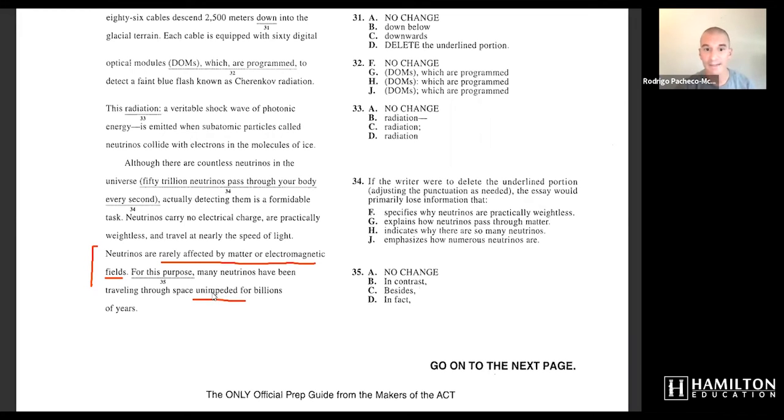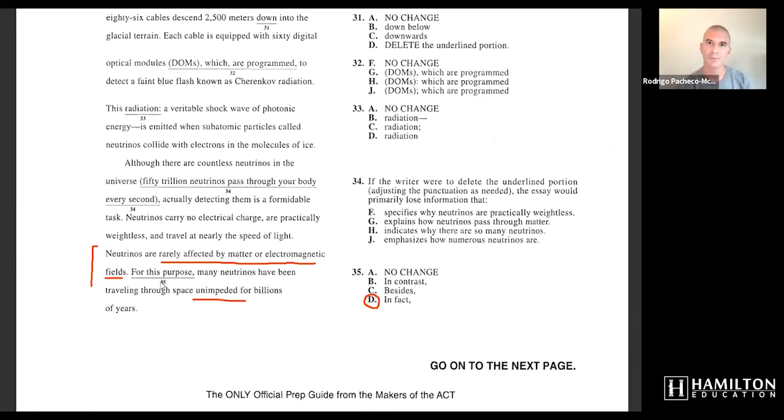In fact, many neutrinos have been traveling through space unimpeded for billions of years, right? The second sentence is emphasizing the claim made by the first sentence. That's why D, in fact, is going to be our correct answer. We might also say indeed, right? We need a transition that is going to emphasize. For this purpose, this doesn't really work.